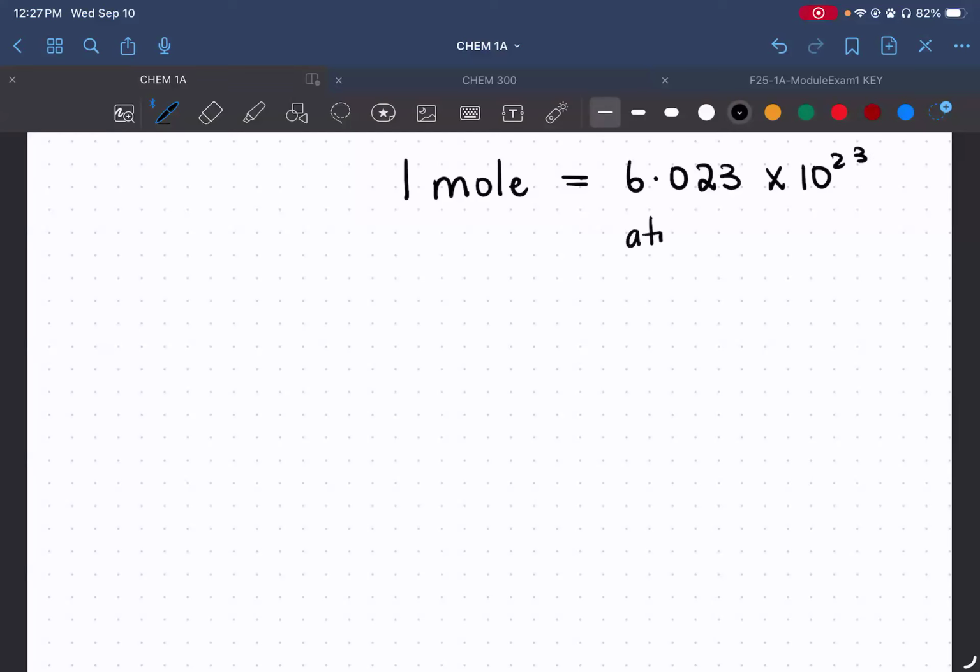And this can either be atoms or molecules. 1 mole of anything is also equal to the molar mass of that element or compound.